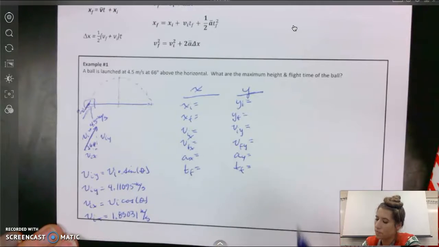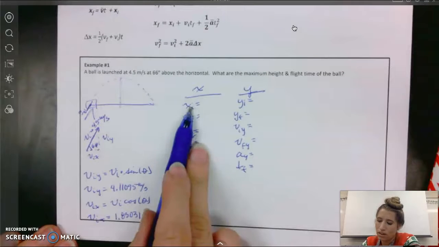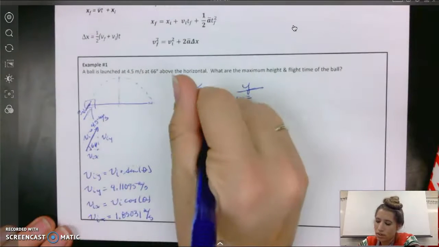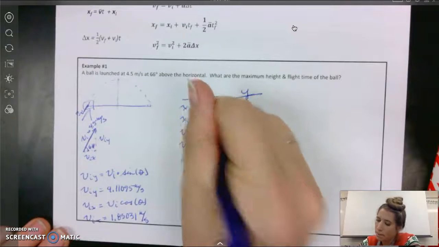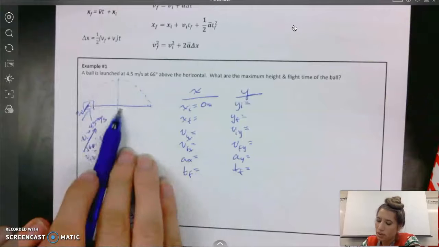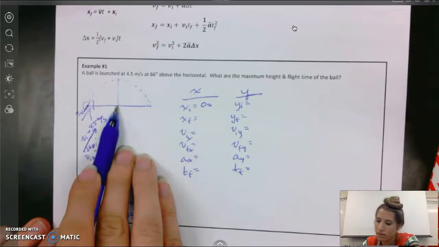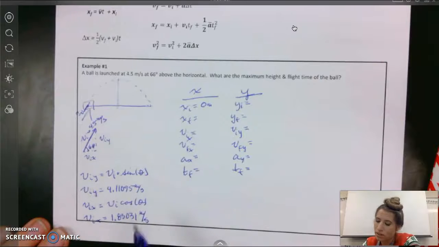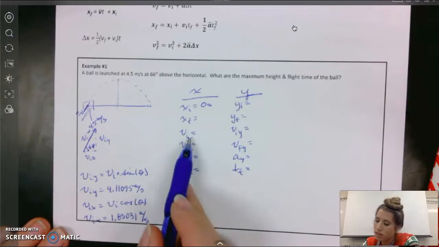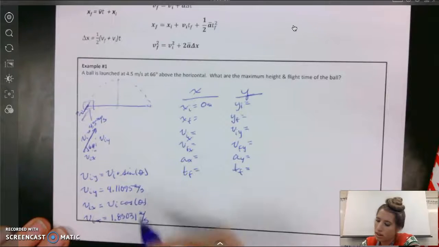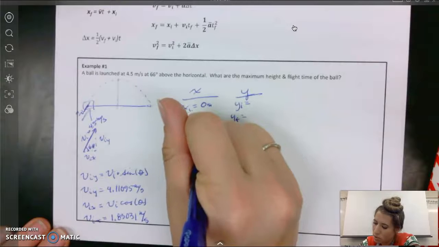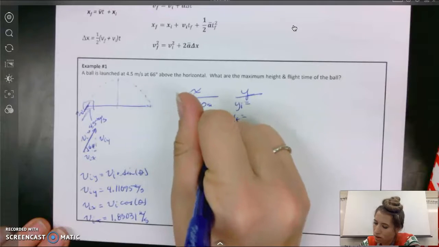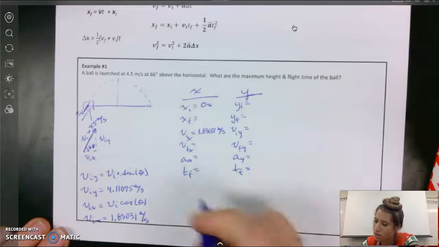Okay, and let's see how much we know right now. Initially, I'm at the origin, so I'm starting at 0. In the x direction, my final position is right there, but I don't know how far that is, so I don't know x final. Velocity initial in the x, though, I do know. I calculated that: 1.8303.